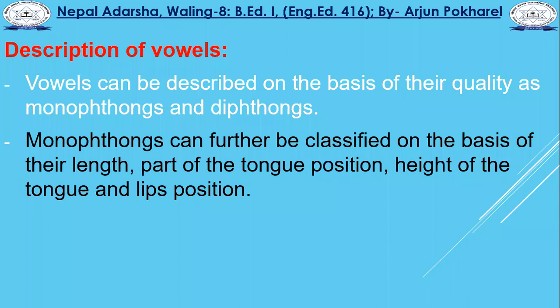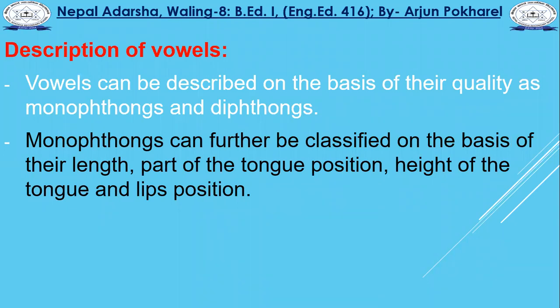The length means the time duration taken by a particular vowel while producing it. Next is the part of the tongue position, which means which part of the tongue has what kind of position.